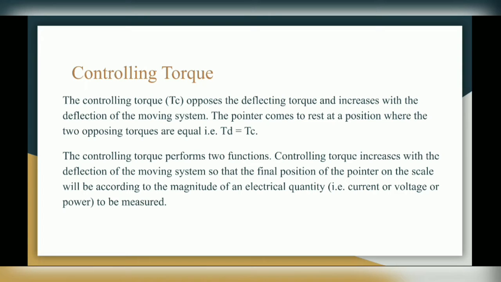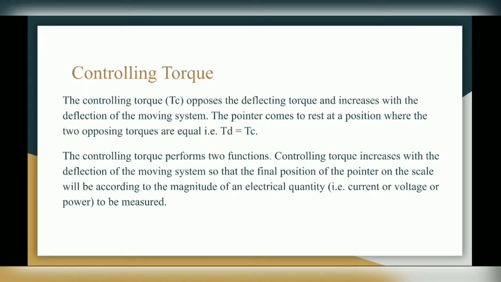The controlling torque performs two functions. Controlling torque increases with the deflection of the moving system so that the final position of the pointer on the scale will be according to the magnitude of an electrical quantity, that is current or voltage or power to be measured.